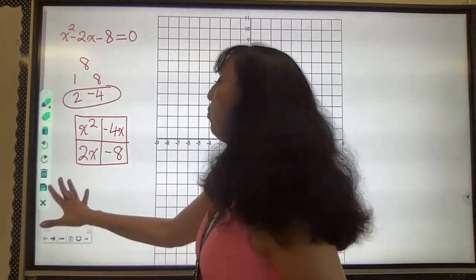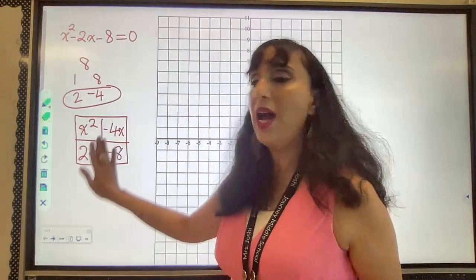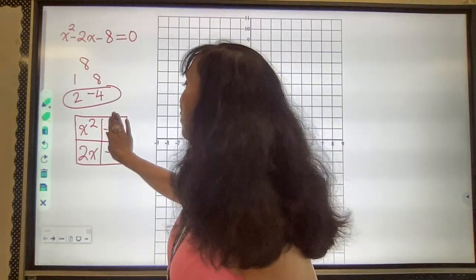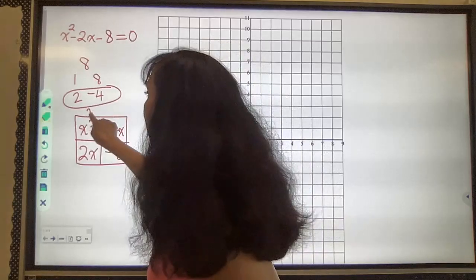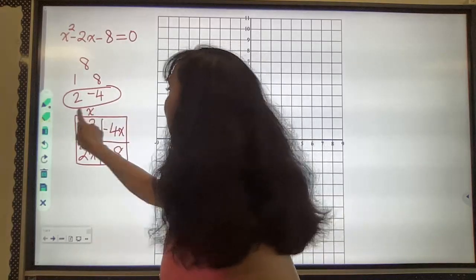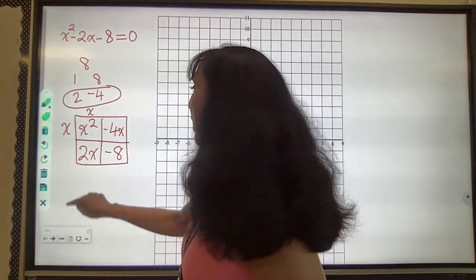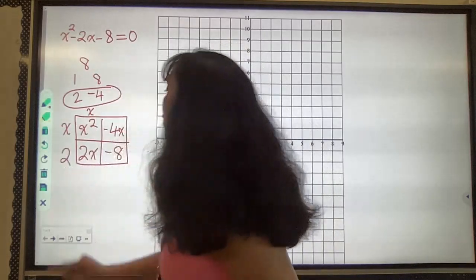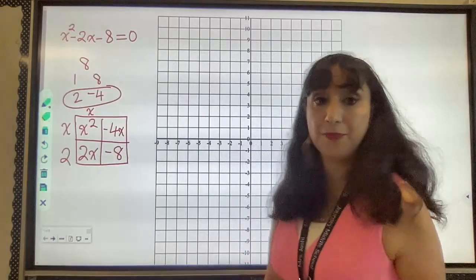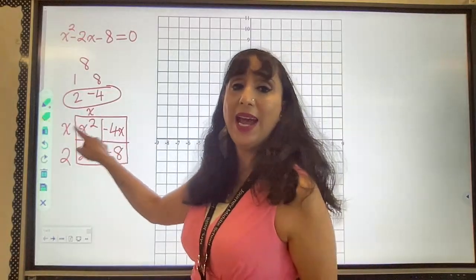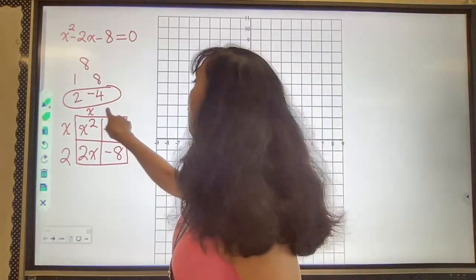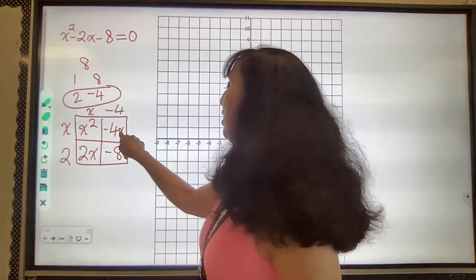Now I can put it either way. Then I take just the first part, pull out the greatest common factor, and I get x here. And so x times x gives me x squared. x times 2 is going to give me 2x. And then x times -4 is going to give me -4x.